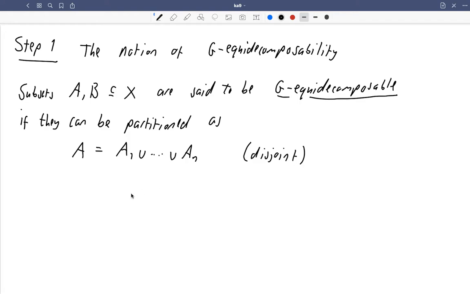So here I'm writing it, but I don't need to write it really, so that's why I'm putting it in brackets.